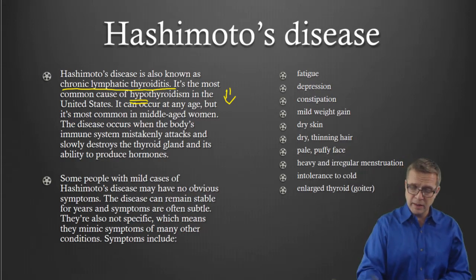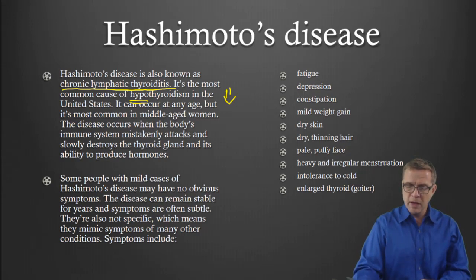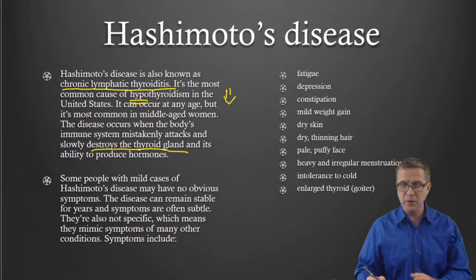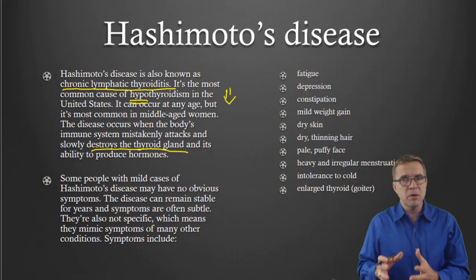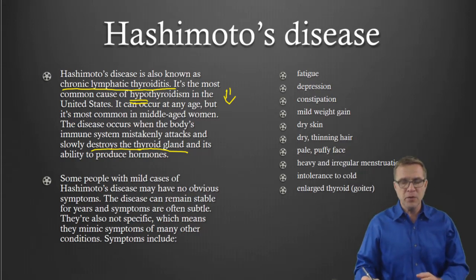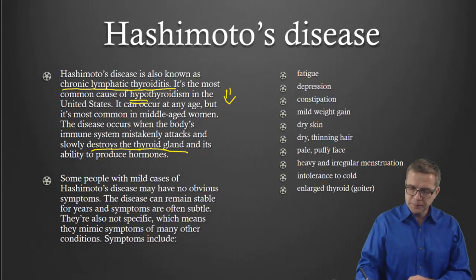What's happening here is that the immune system, so now we have another autoimmune issue, mistakenly attacks and starts to destroy the thyroid gland, and hence it can't produce as much hormone. If your immune system is attacking your thyroid, we cannot make enough T3, T4. And at first there are no obvious signs. It starts off really slow, and often subtle.